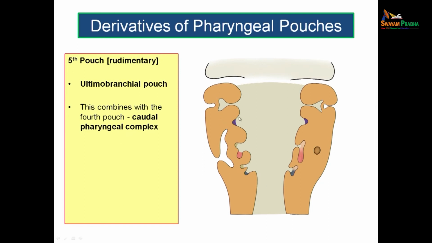This is the cranial most end, this is the caudal most end, the last arches. So in the caudal region, you get a complex of pouches formed by the fusion of the fourth and fifth pouch. This is known as the caudal pharyngeal complex. This complex is responsible for the formation of the parafollicular cells of the thyroid gland.